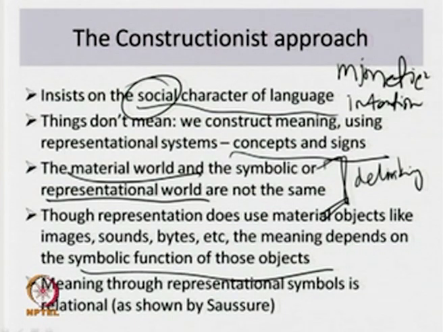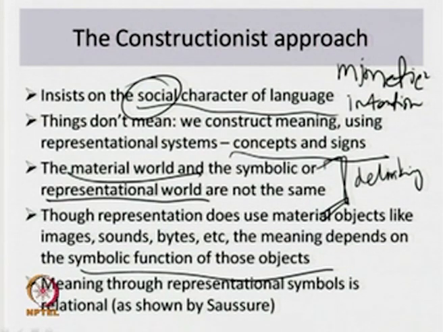So, there is no doubting that images, sounds, and in the case of the digital world, bytes are the carriers, but the meaning depends not on the images, sounds or bytes per se. The meaning depends on the symbolic function of those objects.